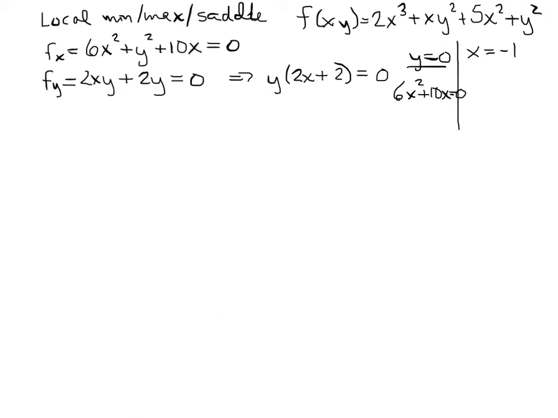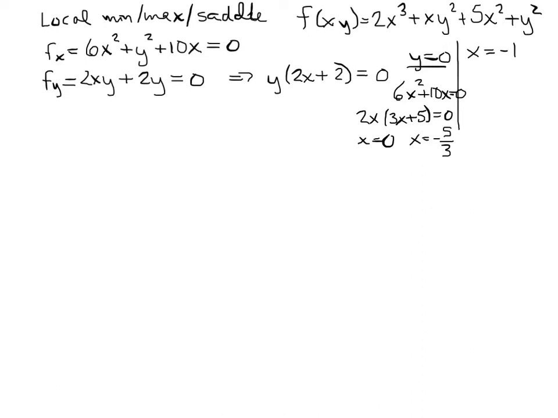I can factor an x out of that. And actually, I could even factor a 2x out of that. And then I'd be left with 3x plus 5 equals 0. And this gives me now two values of x for each factor. x equals 0 and x equals negative 5/3.